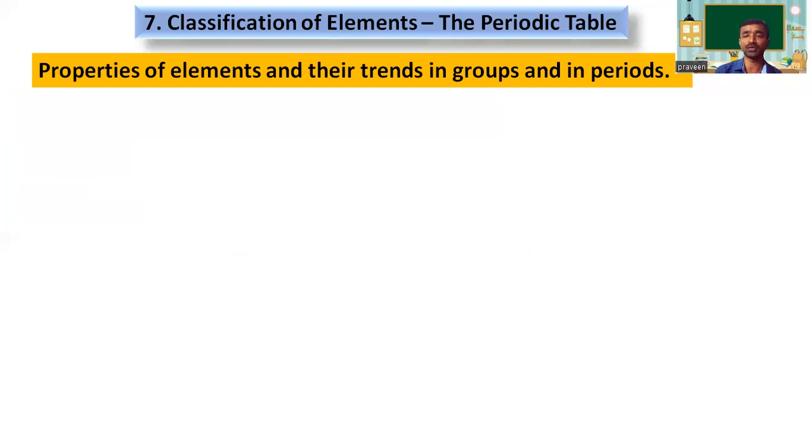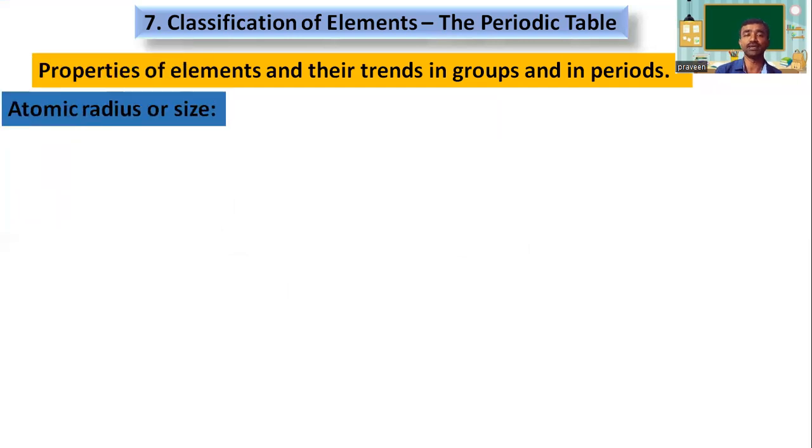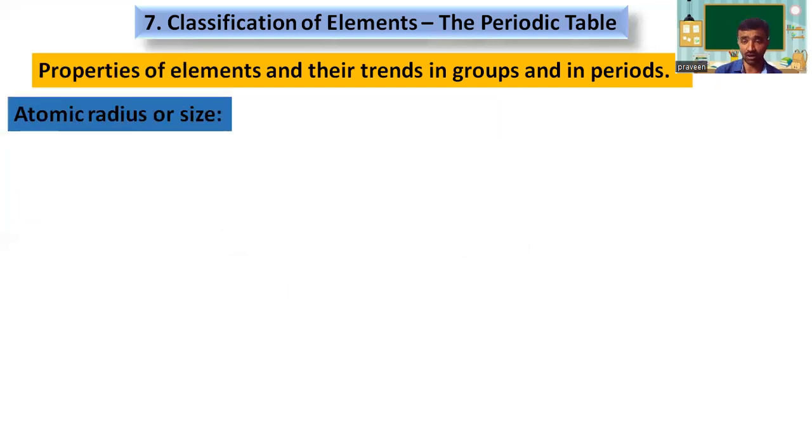Now our topic is atomic radius, also called atomic size. In Bohr's atomic model, we learned about electrons revolving around the nucleus in fixed orbits. So there is a fixed boundary for the moving electrons around the nucleus.